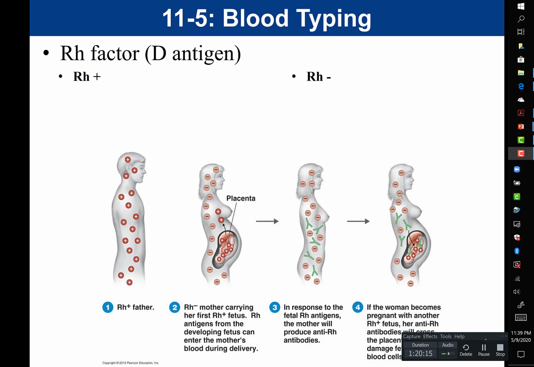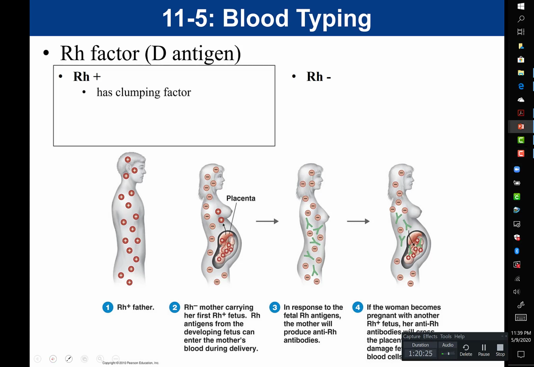And so let's walk through and talk about what does it mean if we say that somebody is Rh positive versus Rh negative. So if we say that somebody is Rh positive, that means that they have the clumping factor. They have the D antigen on the surface of their red blood cells. If they are Rh positive, what that means is that they do not produce anti-Rh antibodies.